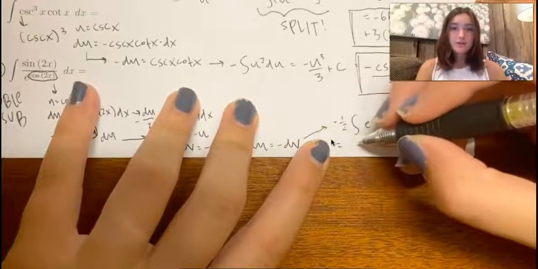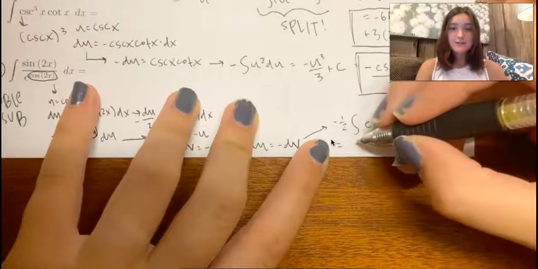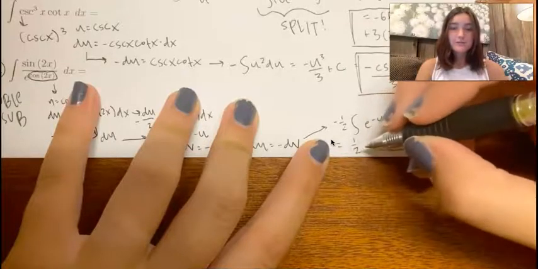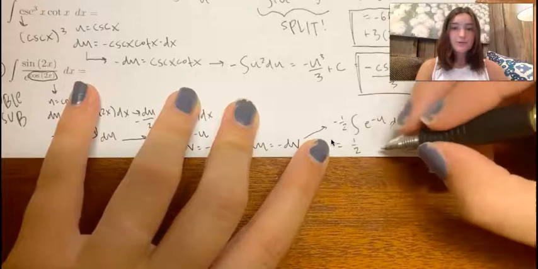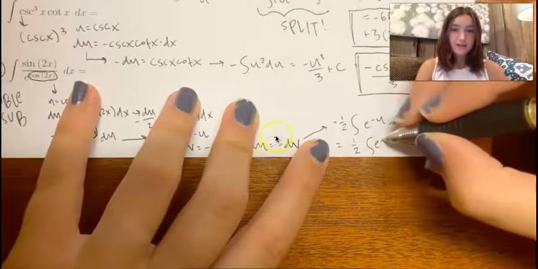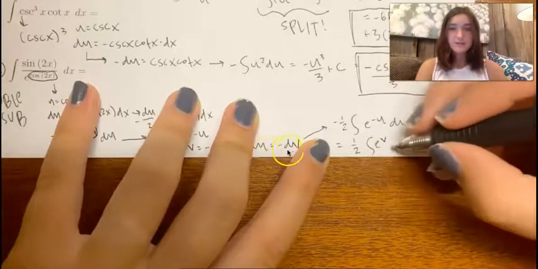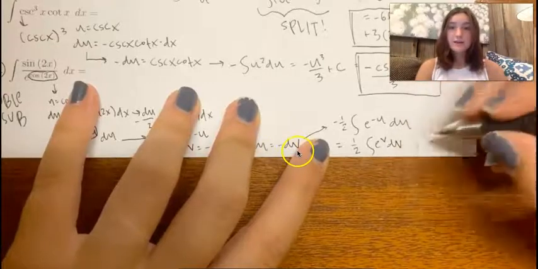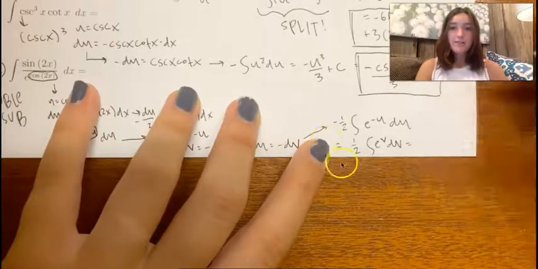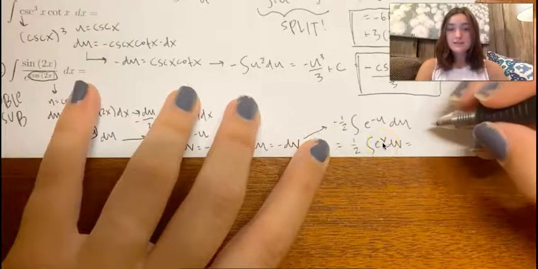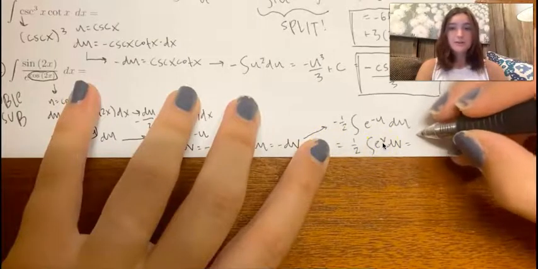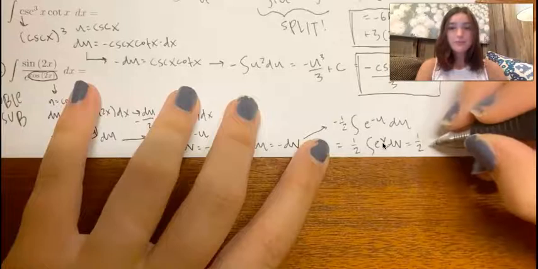Using my new v and dv, I'm going to turn that into 1/2, because I've got that negative right there. The du is negative dv, so that negative cancels with that one. And I'm going to have e to the v instead of e to the negative u because our v is negative u.